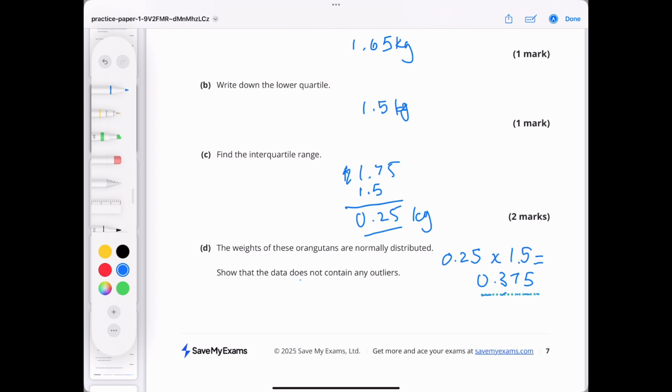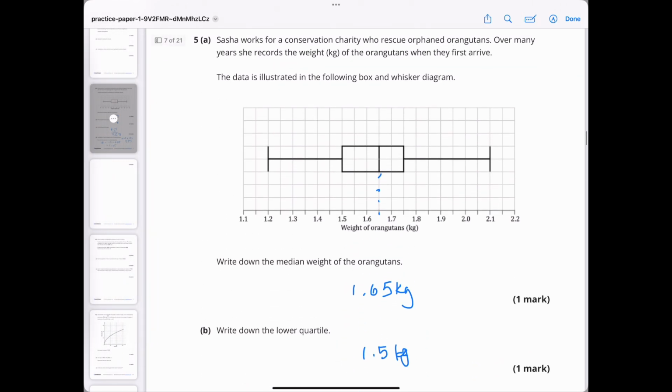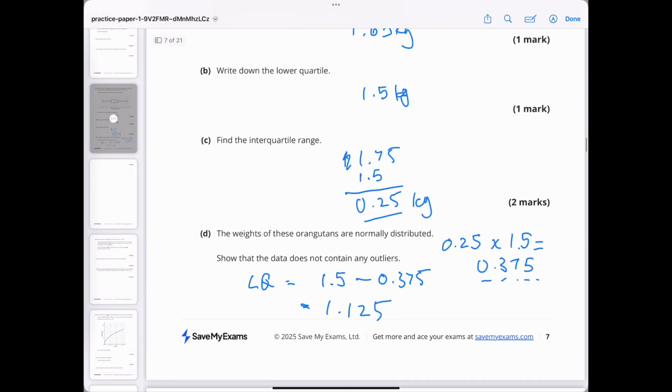If we take the lower quartile, which is 1.5, and take away 0.375, that equals 1.125. If the data's within that, we haven't got an outlier. Yep, it's in there.